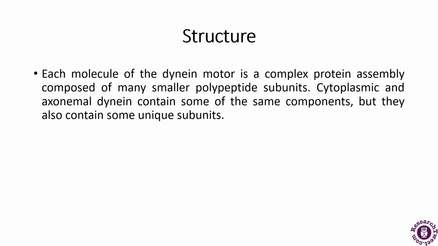So if I talk about the cytoplasmic dynein, which has a molecular mass of about 1.5 megadaltons, it is a dimer of dimers containing approximately 12 polypeptide subunits, which are two identical heavy chains, 520 kilodaltons in mass, and they contain the ATPase activity and thus are responsible for generating movement along the microtubules; the 74 kilodalton intermediate chains, which are believed to anchor the dynein to its cargo; and 53 to 59 kilodalton light intermediate chains, and several light chains.